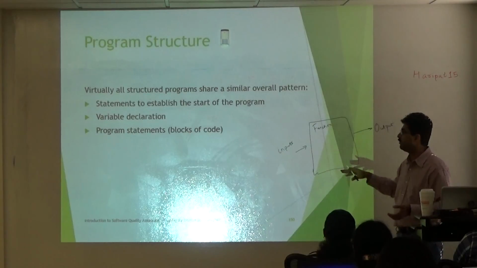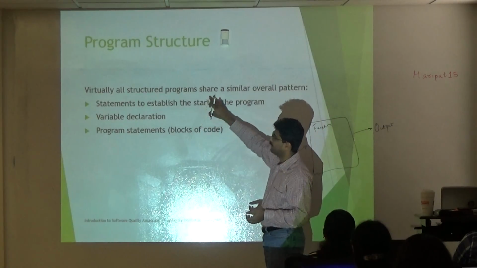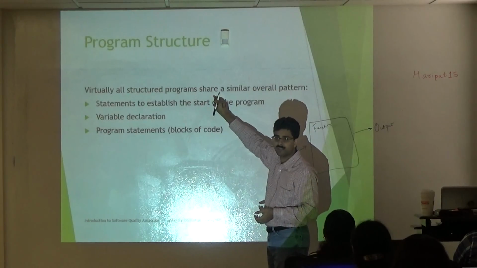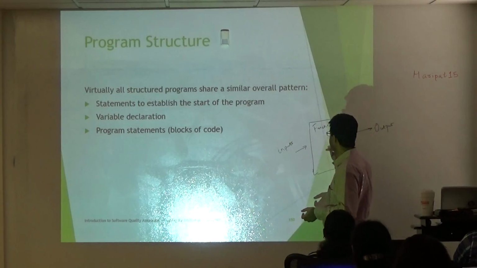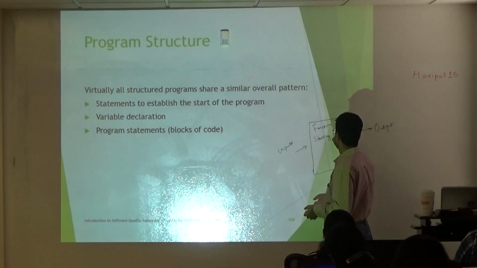Most of the time you're going to see a structure which says, where is the program starting? So the starting point. When you come in here, what is the starting point?